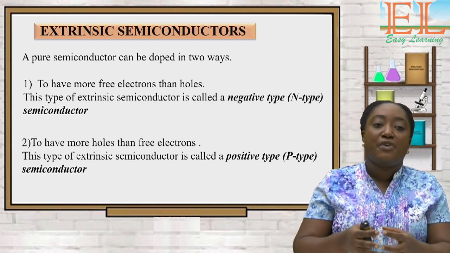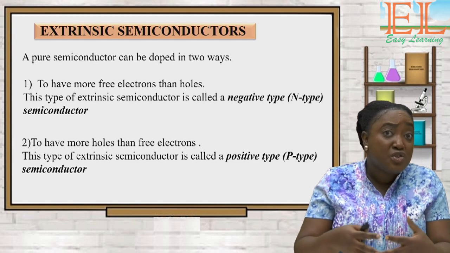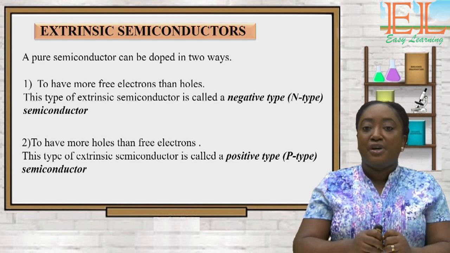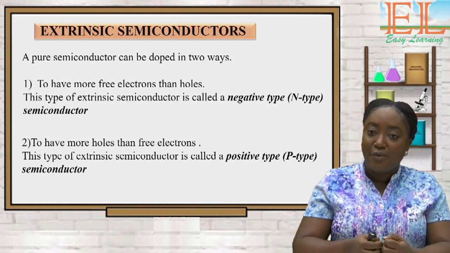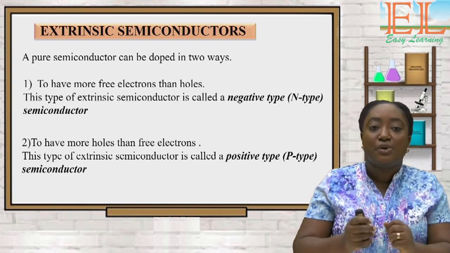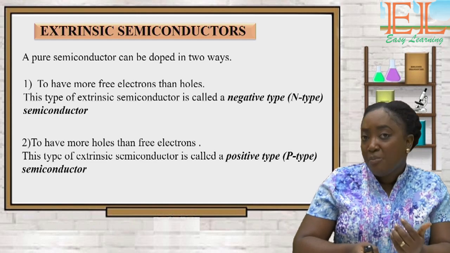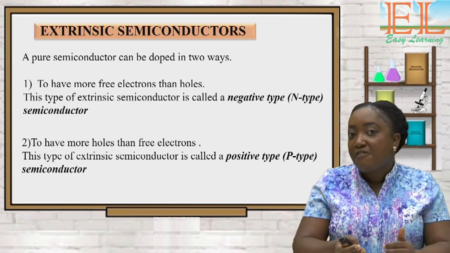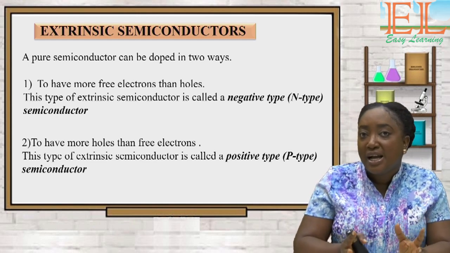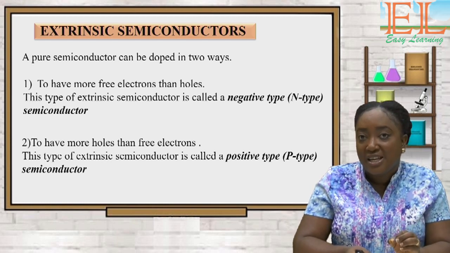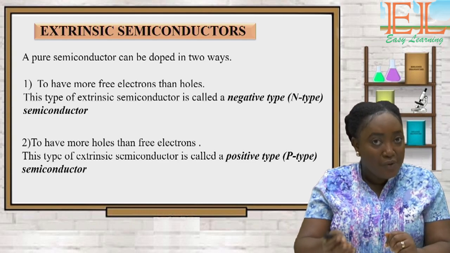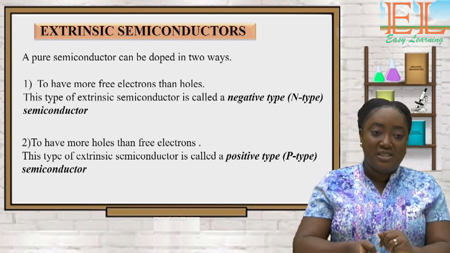This type of extrinsic semiconductor that is created is referred to as a positive type semiconductor. In other words, P-type semiconductor. The name positive comes from the fact that the majority charge carriers in this type of extrinsic semiconductor are holes. And like we know already, holes are positively charged.